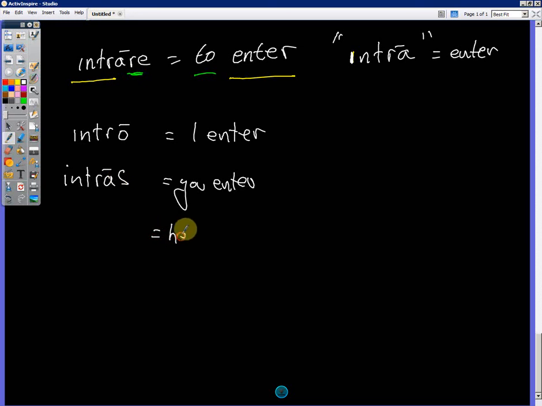But for he enters, or she enters, or it enters, we go to the stem, intra, but we drop off the macron, and then we put the T on the end, intrat. So we've got the O for I, the S for you, we've got the T for he, she, and it.